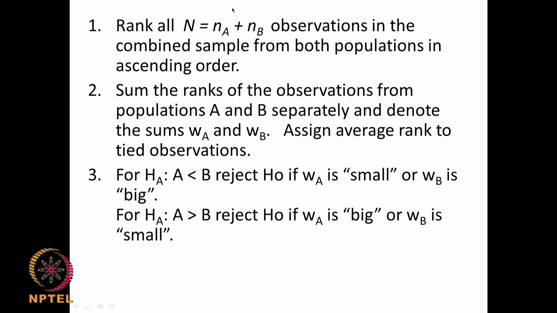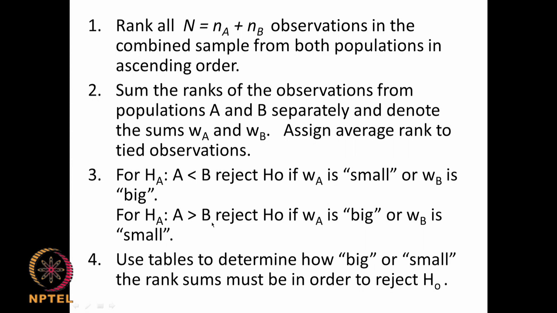What we do is we combine all the data and then rank them, the smallest will get rank 1, then next one will be rank 2, like that, the largest will get the highest rank, and then you sum all the ranks related to A and call it WA, sum all the ranks related to B, call it WB, and then if WA is smaller than WB, the alternate will be A less than B. If WA is bigger than WB, then the alternate will be A greater than B.